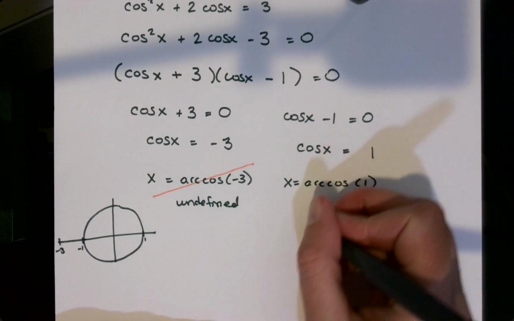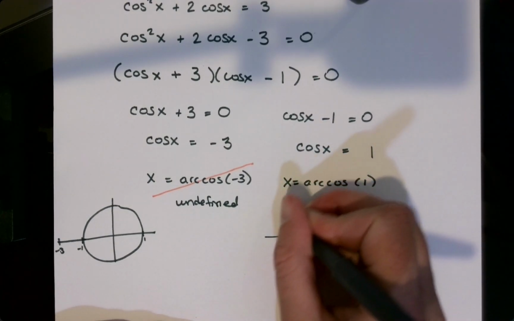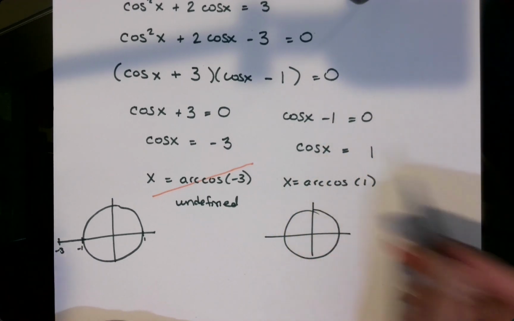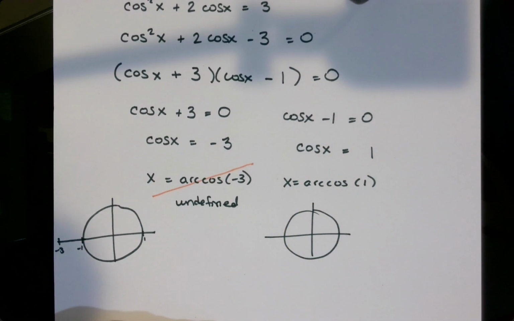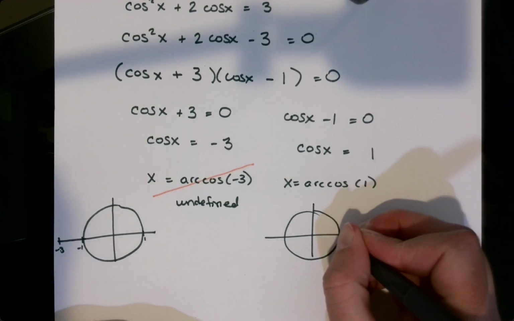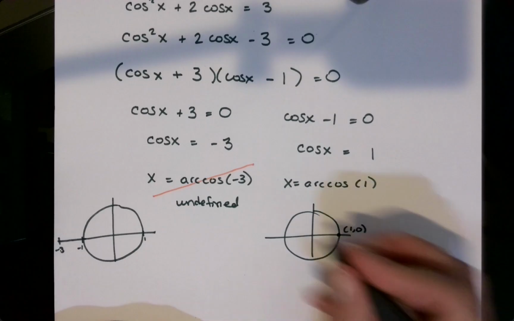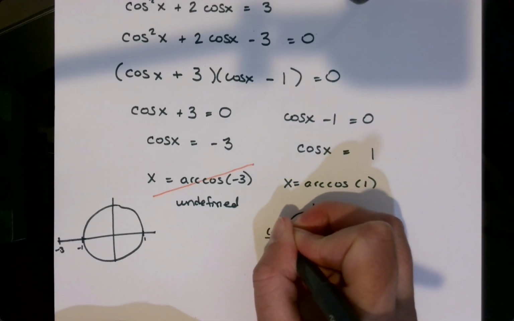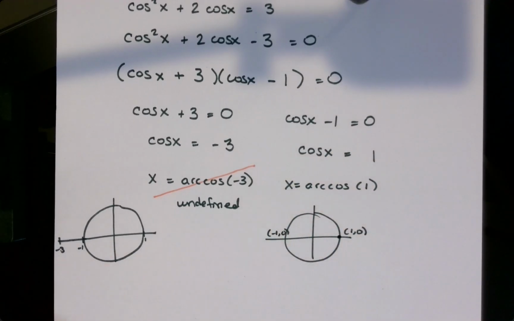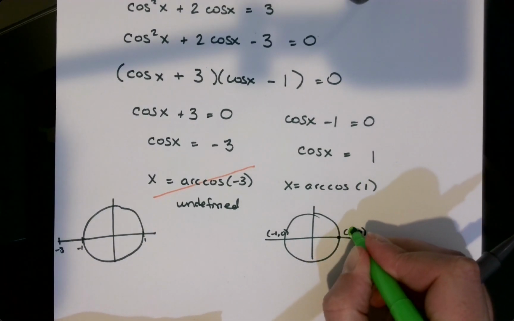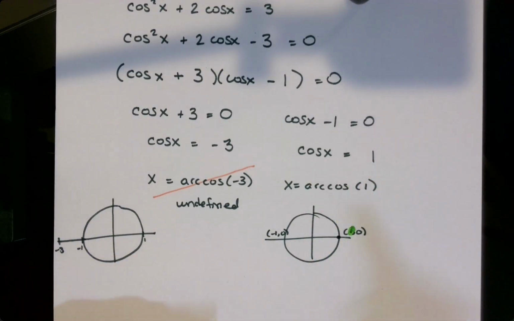If we don't get a solution from either side, we'll say that our equation has no solution. But if we look at this side, it is possible for the arc cosine of 1 to be evaluated. My cosine value needs to be 1. That's going to happen exactly once right here. Over here, it would have been a negative 1, not a positive 1. And there's no other place where cosine, which is the x coordinate, is going to be exactly 1.